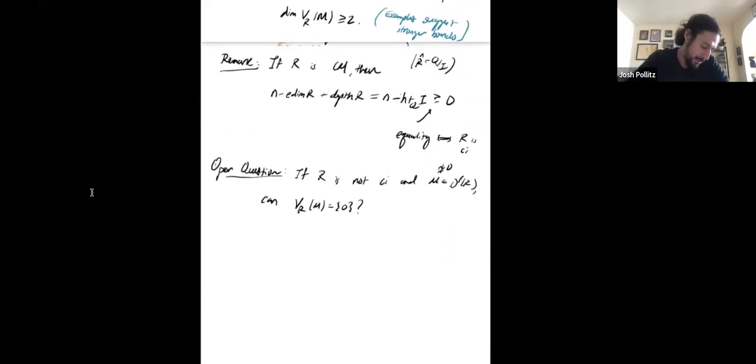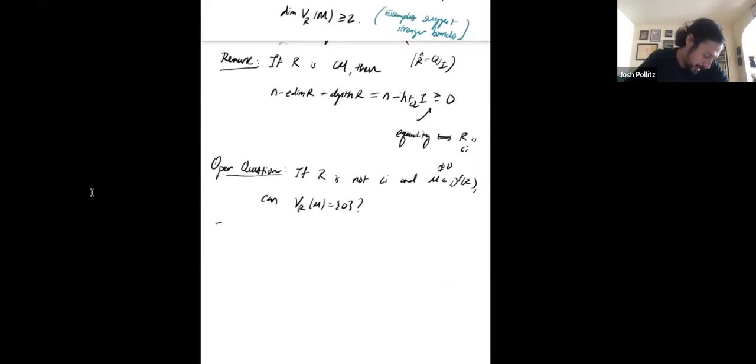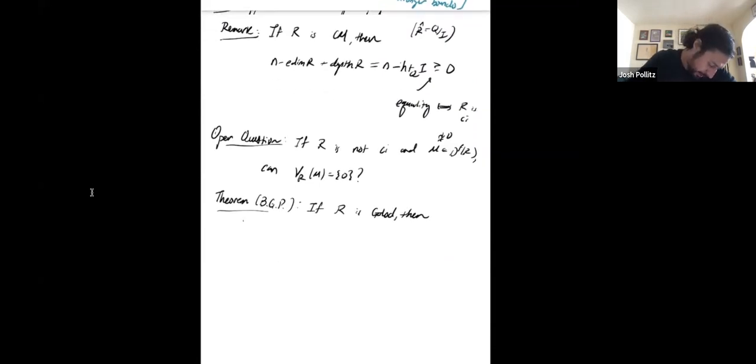So one place that we do know where you can say something is for Golod rings. And in fact, we know the whole story there. We know exactly the varieties that are realizable. So as far as Golod, V_R(M) can only be 3 things.